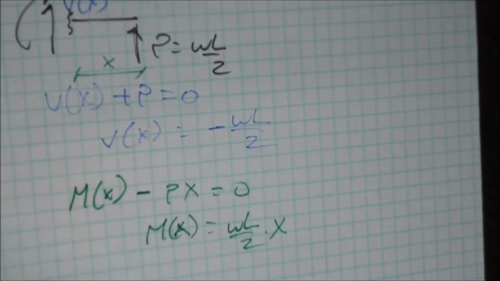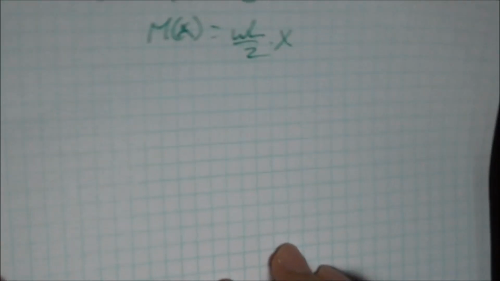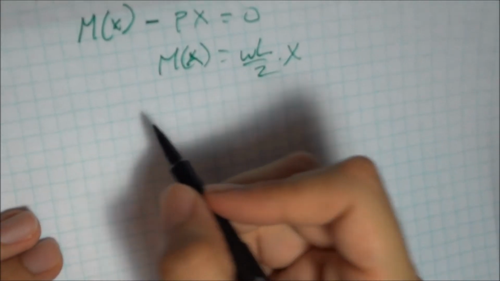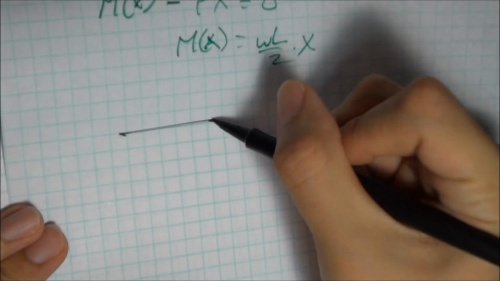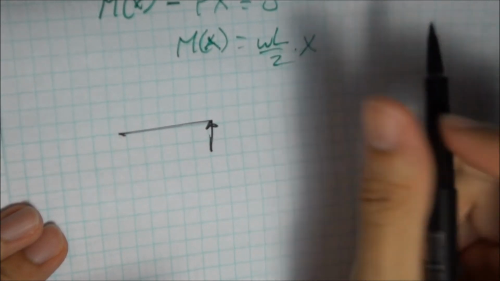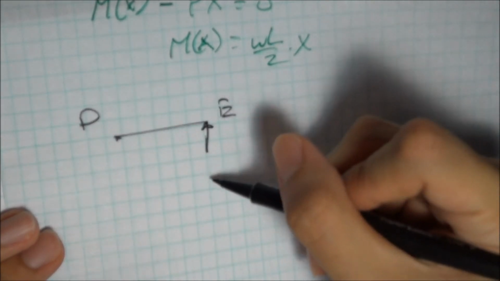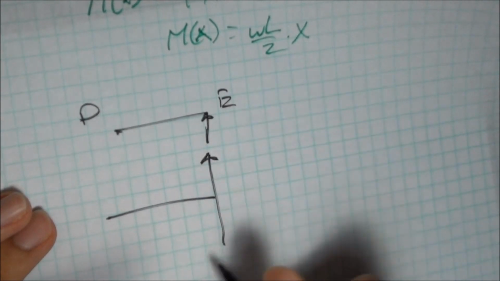Now when I draw my diagrams, and this is going back to what we were doing in the first video, which you should have watched, I'm going to try and line up. Let me draw this again here. You should always try to line up your diagrams. So we have P, and this is D, this is E. We have shear on the right, and shear is positive this way.